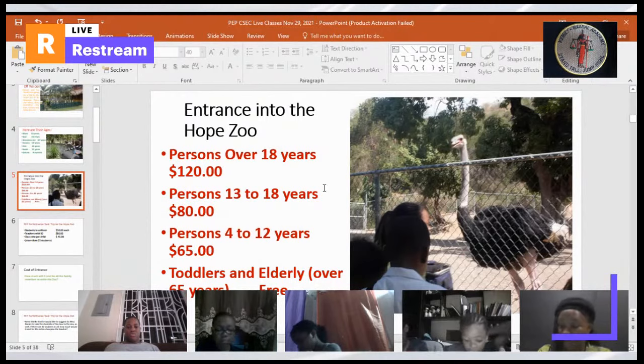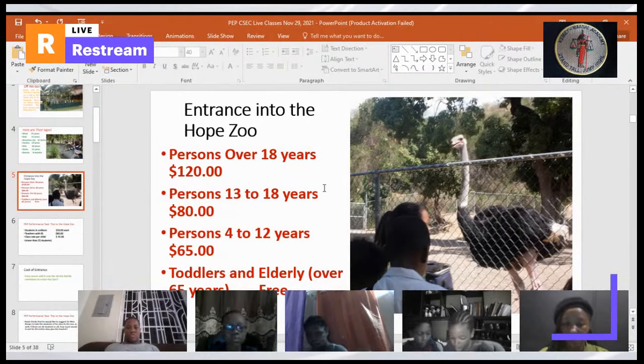She's going in free. So the three other adults, how much will each adult pay? 120. Okay, so it's 120 times 3, and that gives what? That would give you 360. Okay, 360. And how much will Kim pay? She's 16. Kim will pay $80.